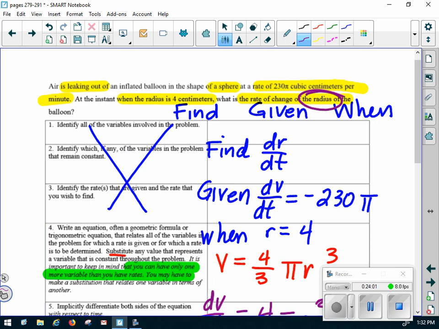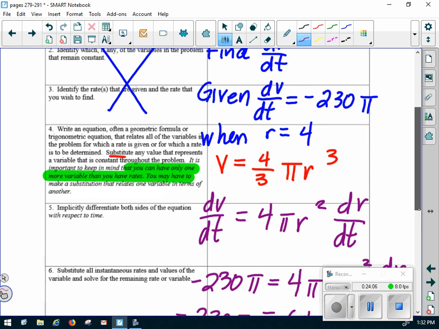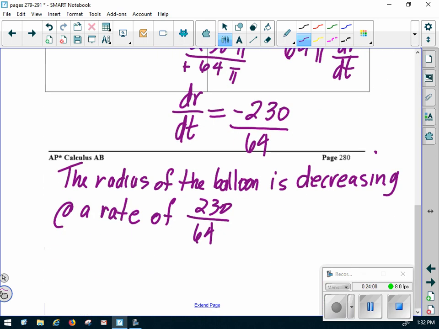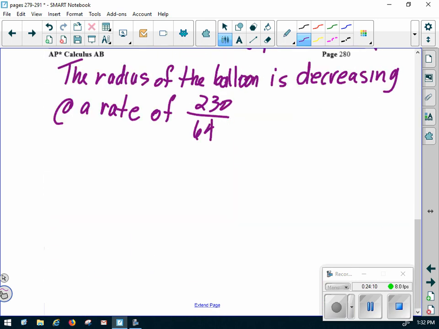Centimeters per minute. The radius of the balloon is decreasing at a rate of 230 over 64 centimeters per minute when R is 4. And that's what I want you to say right there.